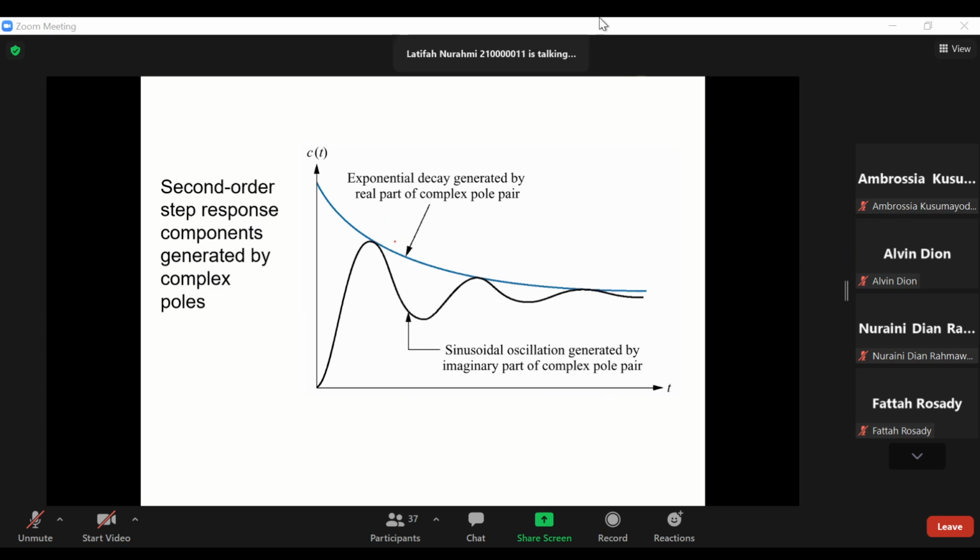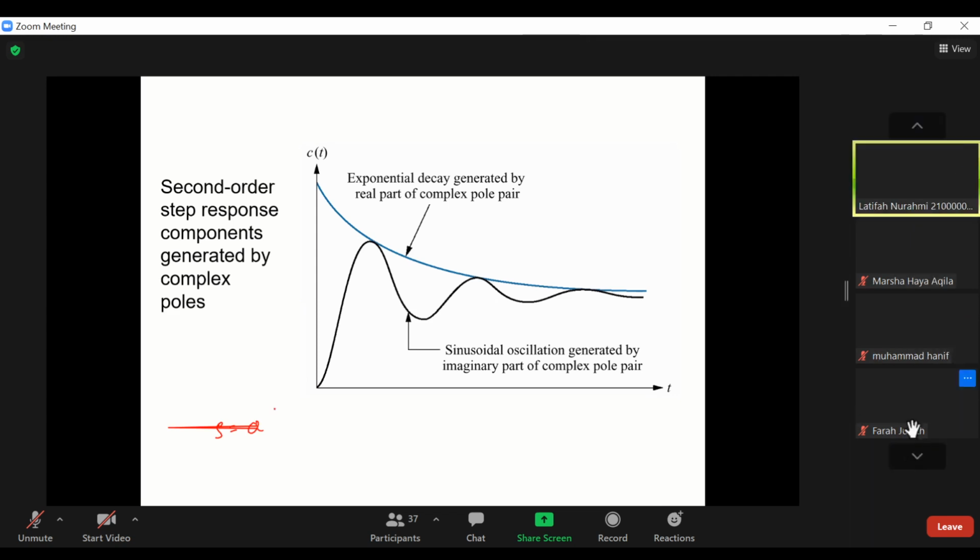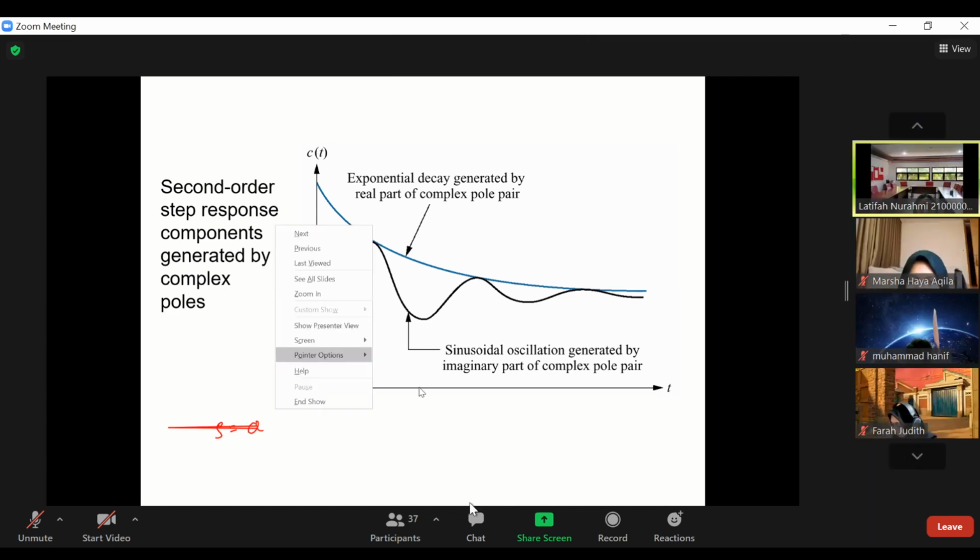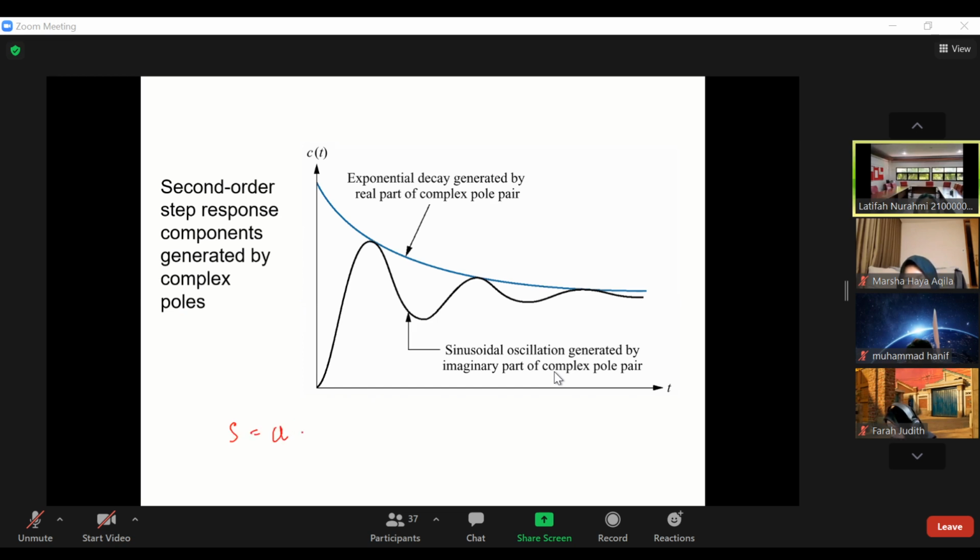Okay. Now the combination of S equals to a plus jb. Okay, so the combination of a complex pole, a real number plus, let's say, jb.